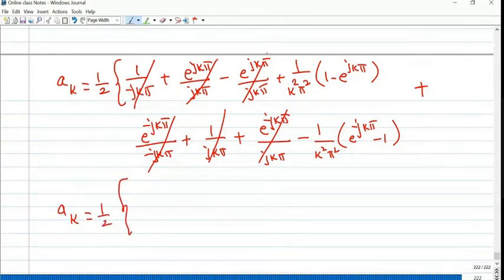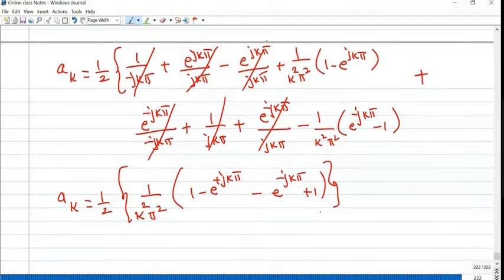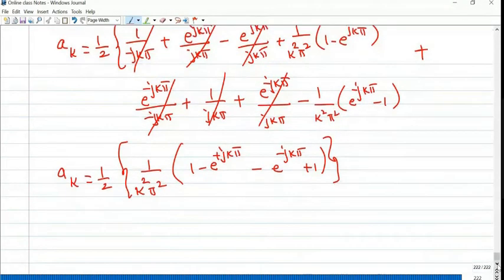Now simplify this. If you take 1 divided by k square pi square as common, 1 minus e power jk pi is the first term. But here, minus e power minus jk pi, minus into minus plus 1. Now further simplify this.